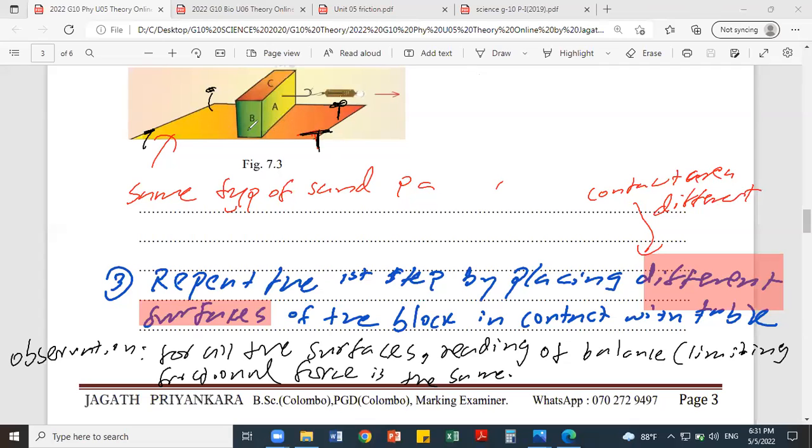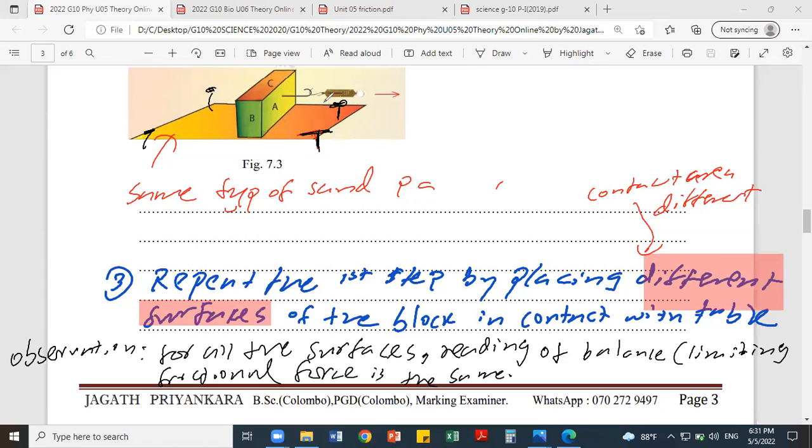If you don't have sandpaper, you can use A4 sheets: from the same bundle take 3 A4 sheets and put them on the table. You have to make sure the surface of the table is smooth and uniform, because if there are barriers like nails, that is also a problem. Those are the issues in the practical. You have to be careful.